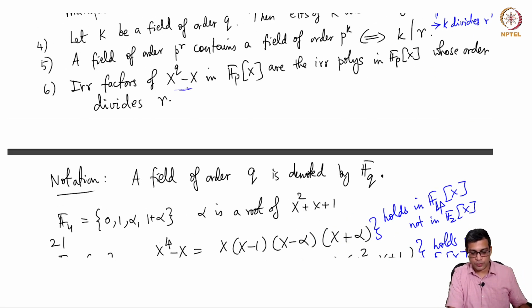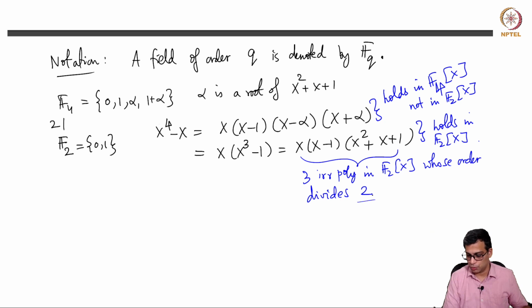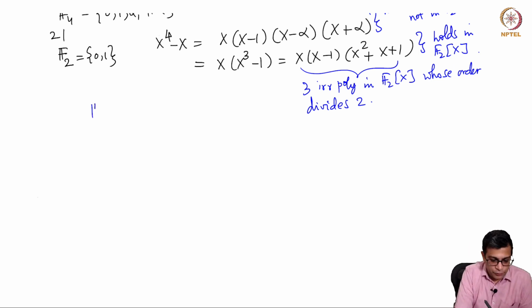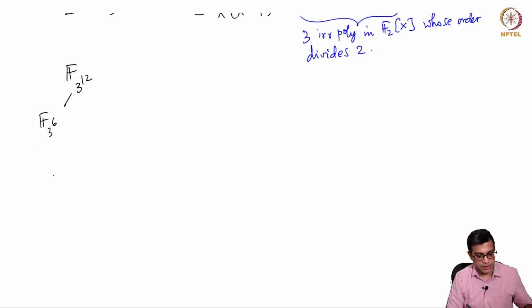The irreducible factors of x power q minus x, or in this case x power 4 minus x in F2[x], are the irreducible polynomials whose order divides r, in this case 2. And then a final example about the series of inclusions. If you take a field of order 3 power 12, it contains a field of order 3 power 6, because 6 divides 12.